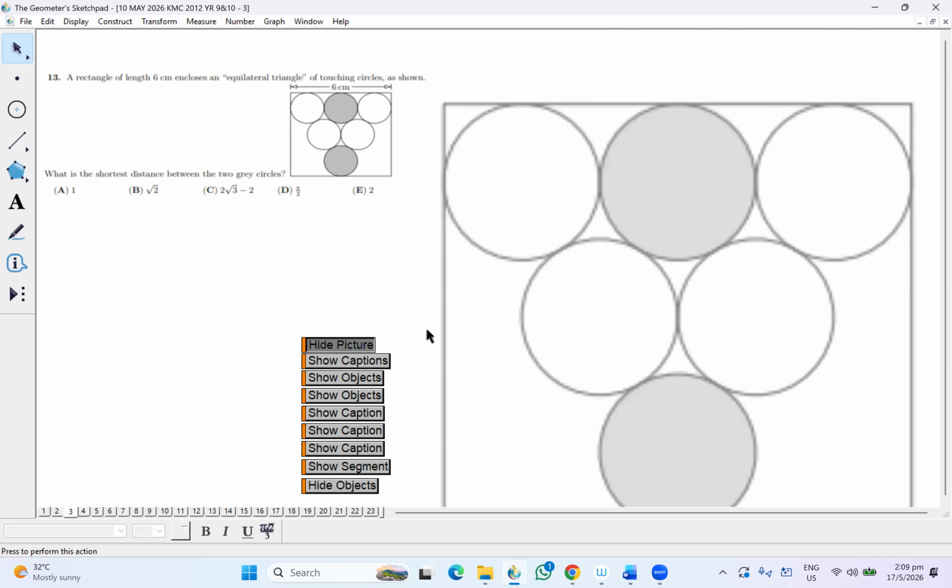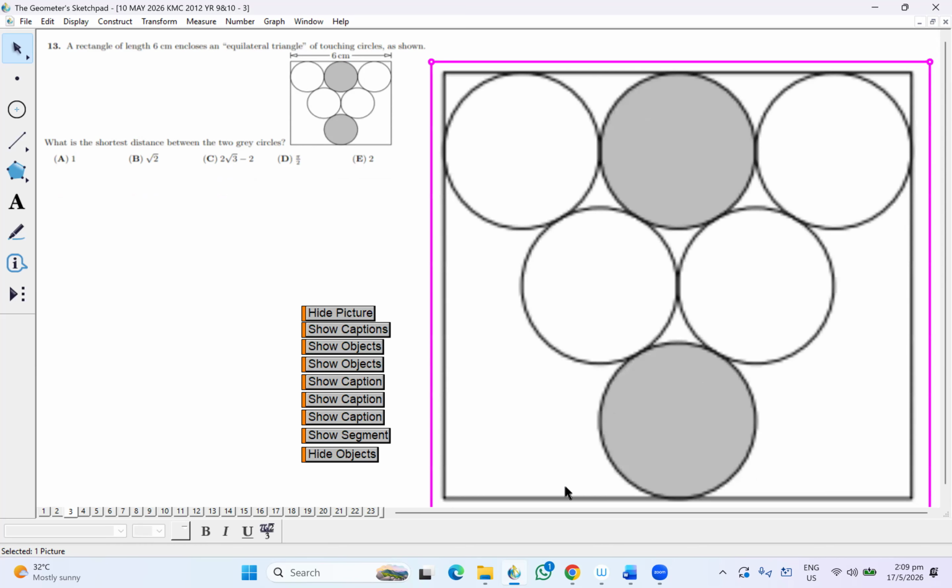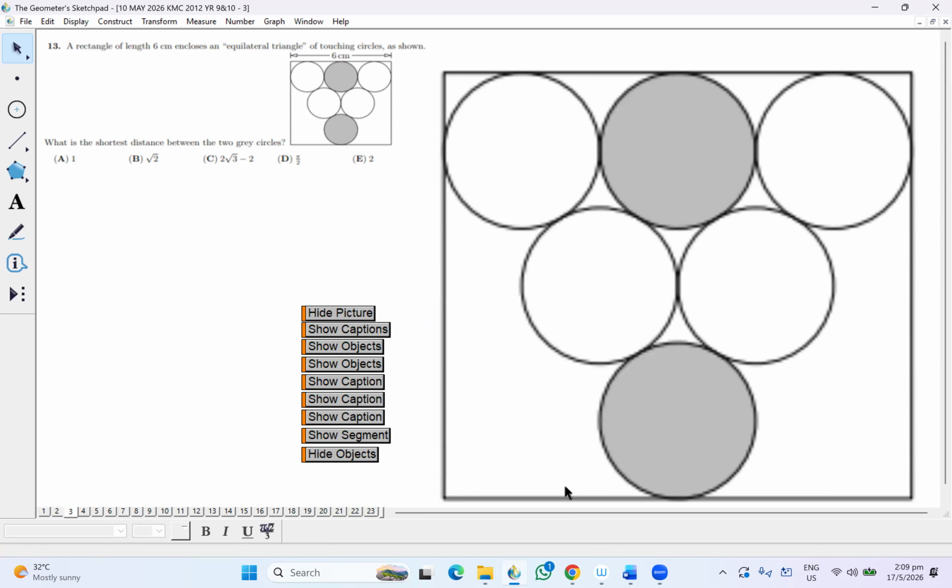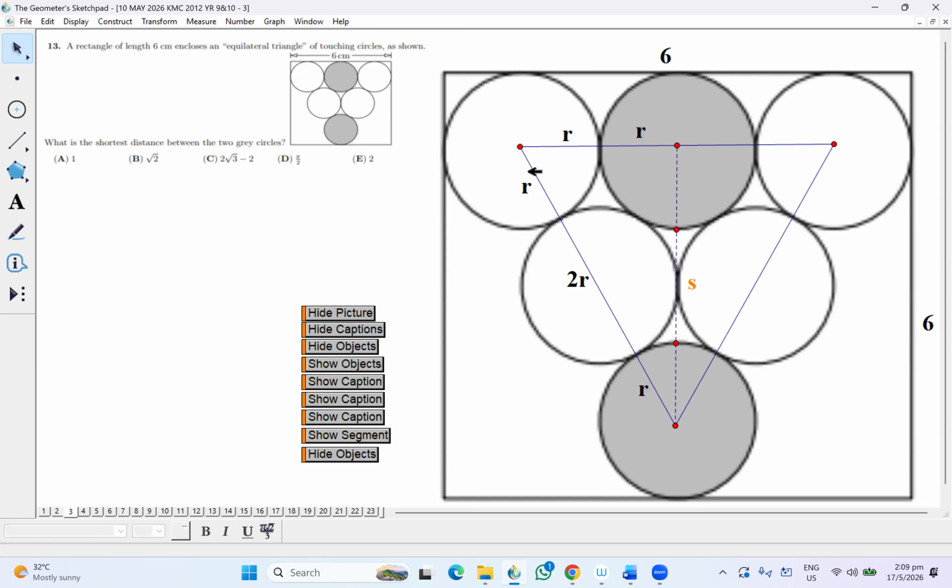We show a bigger picture. Then we show the measurement. Here is radius. So the whole length is 6 radii, 6 radii equal to 6.